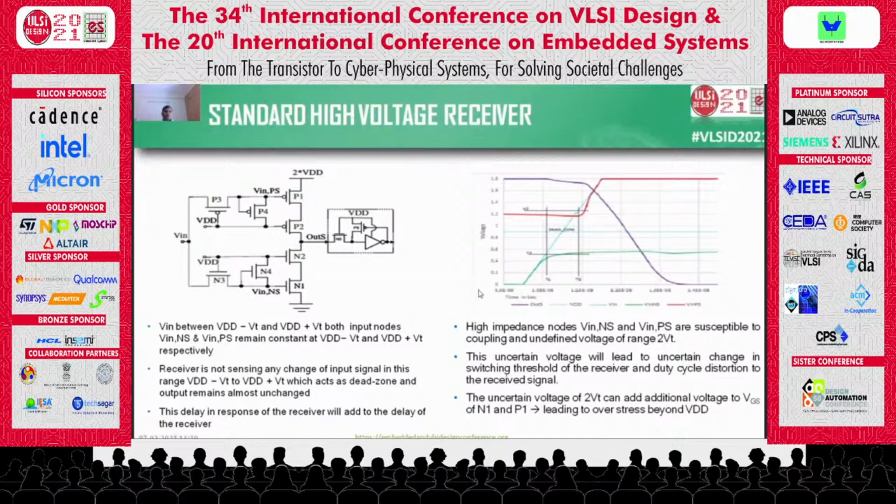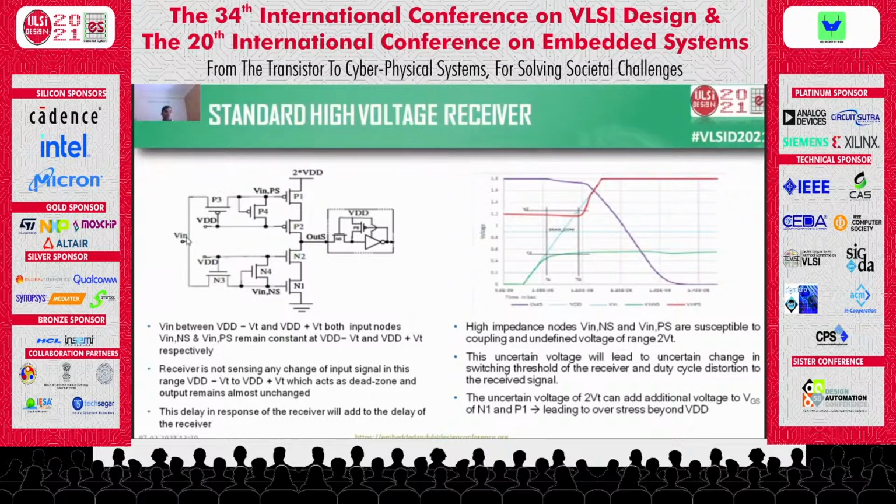When the input signal is rising from 0, pass transistor N3 conducts and Vin is connected to Vin NS. Vin NS follows Vin as long as the input signal is below VDD minus VT. At VDD minus VT, pass transistor N3 cuts off and Vin NS remains stable. Vin can continue to increase, and Vin PS doesn't change until the input voltage crosses VDD plus VT, because till then pass transistor P3 is off.